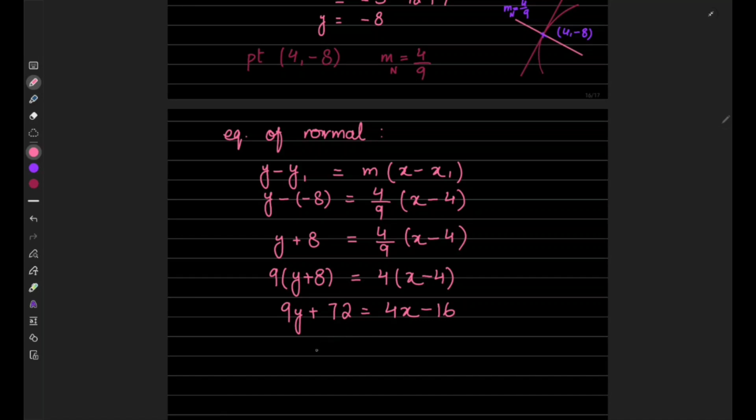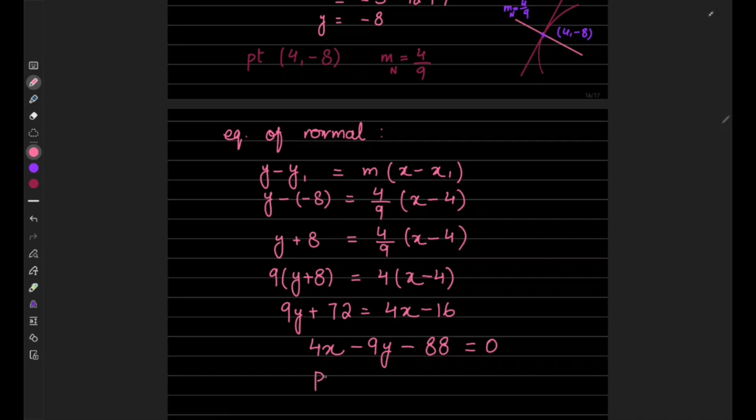So we need it in the form 4x minus 9y minus 16 minus 72 equals 0, which is minus 88 equals 0.